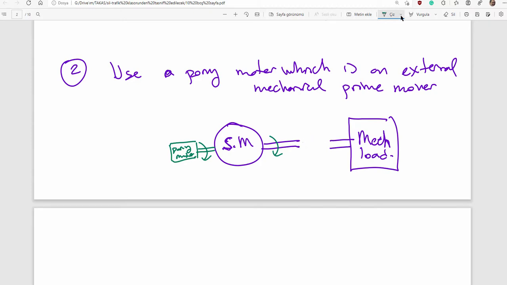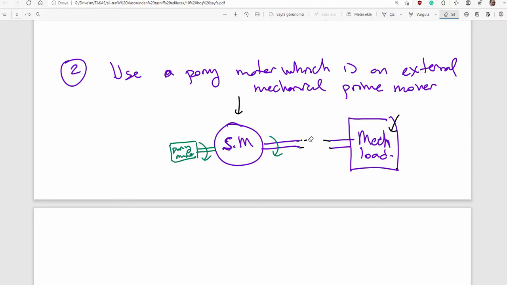Now, in case they are connected together or a mechanical load cannot be adjusted, assume that such a mechanical load cannot be separated here. In such a case the pony motor must have a power as high as the synchronous motor. That would be very large. It costs too much money, ladies and gentlemen. There is a problem in your design.